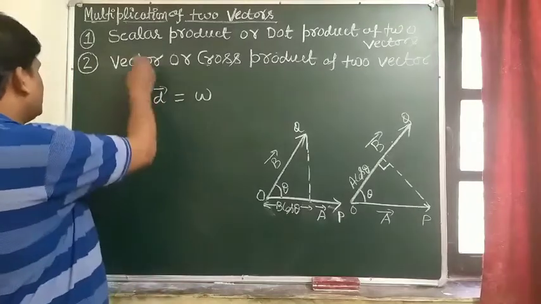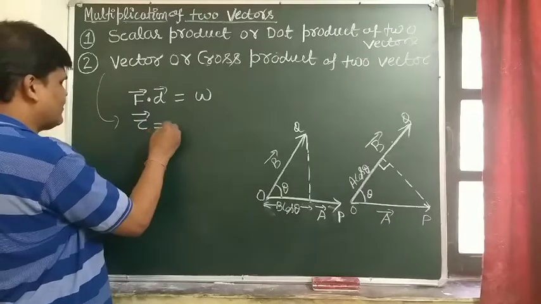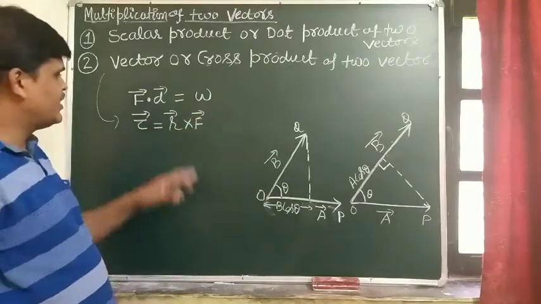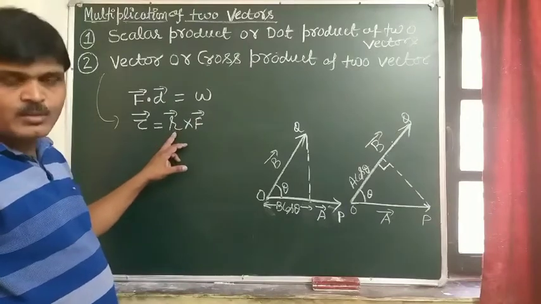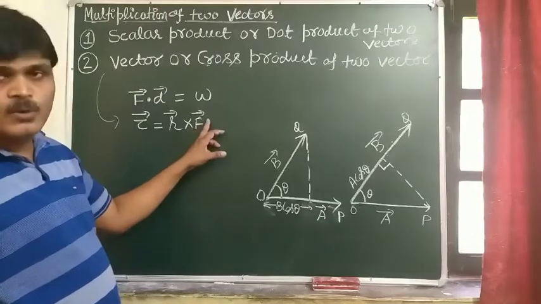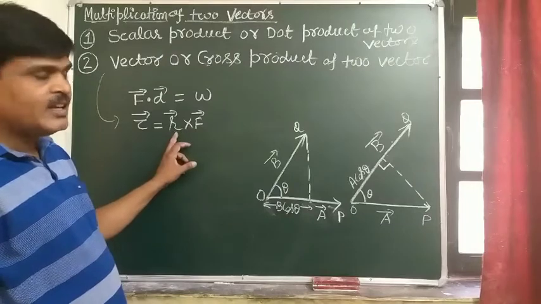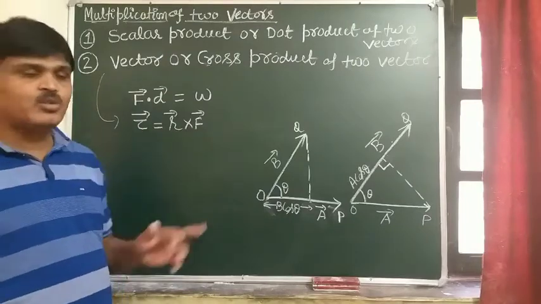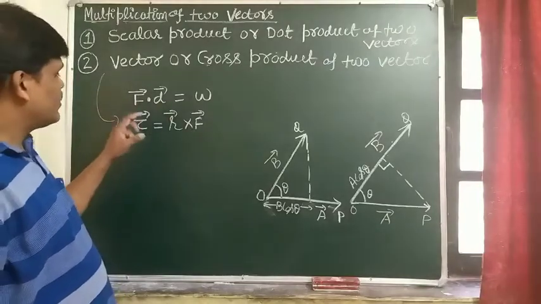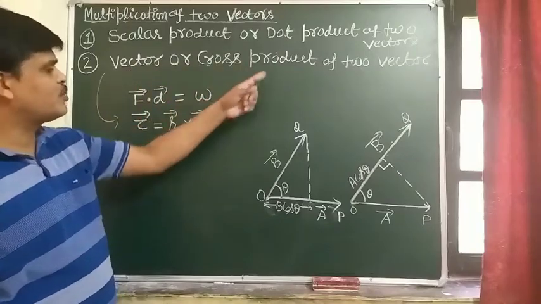And another way: you know that torque is vector R cross F. If the position vector R is multiplied by another vector, force, and the resultant also comes out to be a vector quantity, then such multiplication of two vectors is said to be vector or cross product.